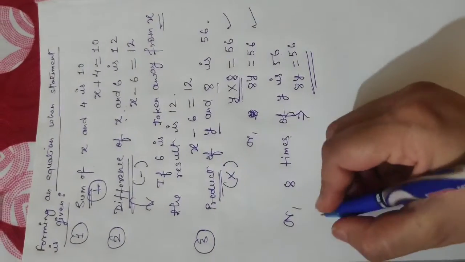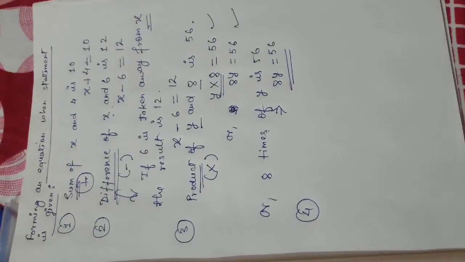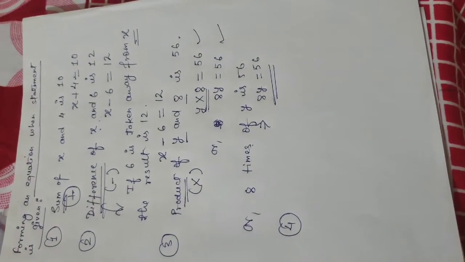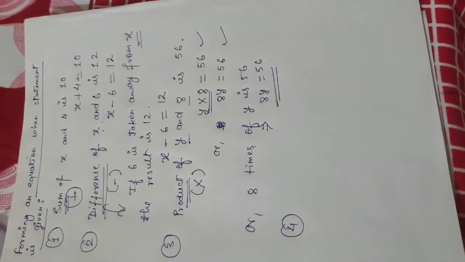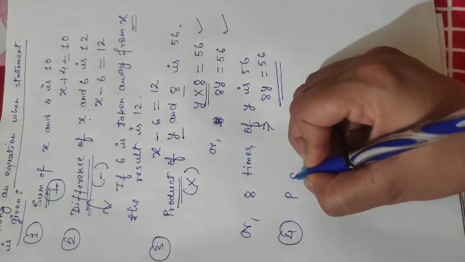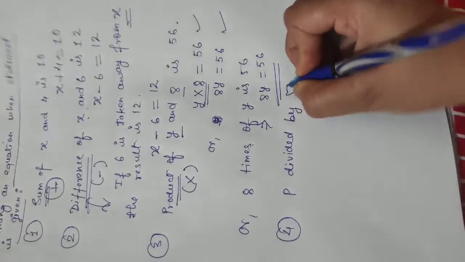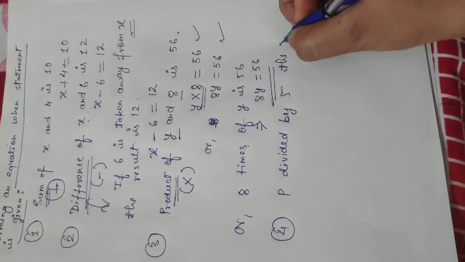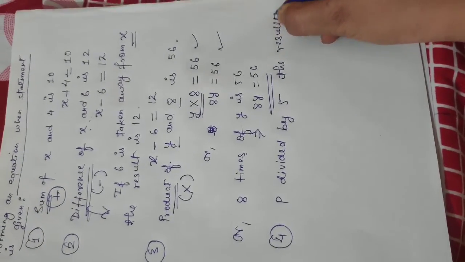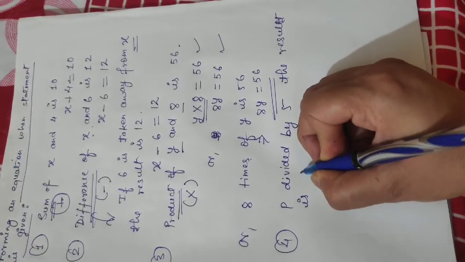Now the fourth operation in maths is division, and how can the equation be formed using the division sign? Let's see. If the question is of the type, p divided by 5, the result is 3.